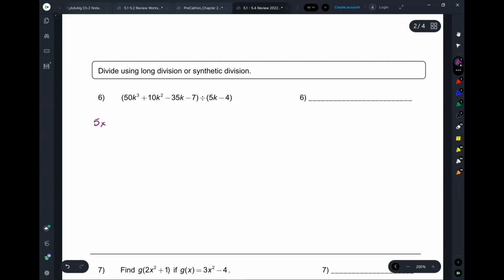Let's do it. So 5x to the... minus 4. I'm only doing long division because yesterday when I was writing the problem, I did the synthetic, and so now I just want to switch things up for myself. All right.